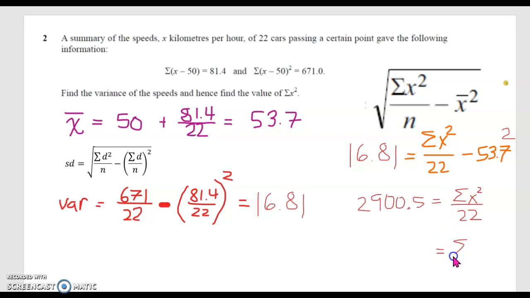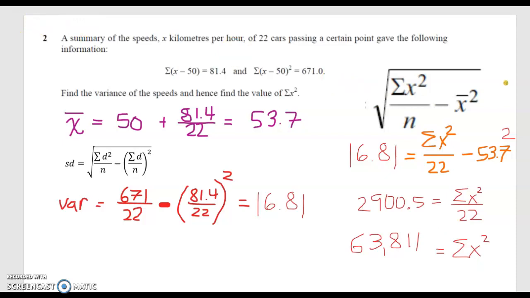And we can solve this two-step equation by just multiplying both sides times 22. And I get this 63,000 number. And that looks reasonable because the actual data values are bigger than the differences, and this is the sum of all of those numbers squared, so it makes sense that it'd be a bigger number like this.